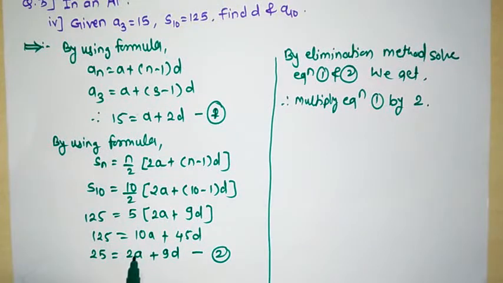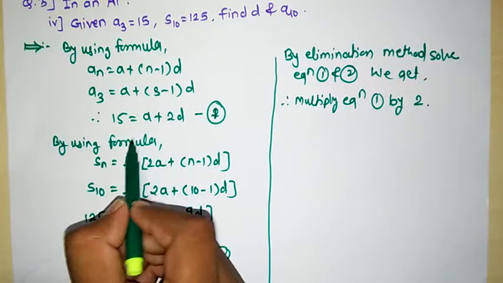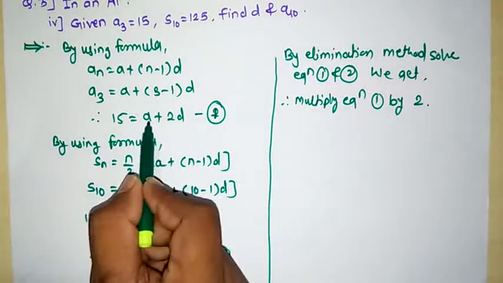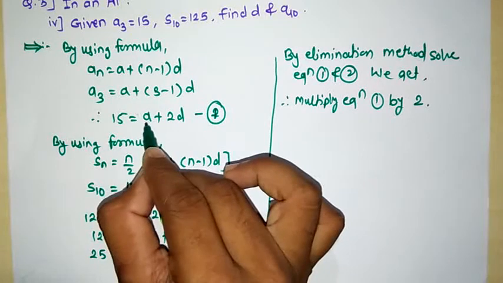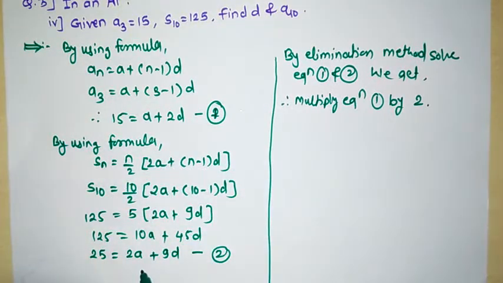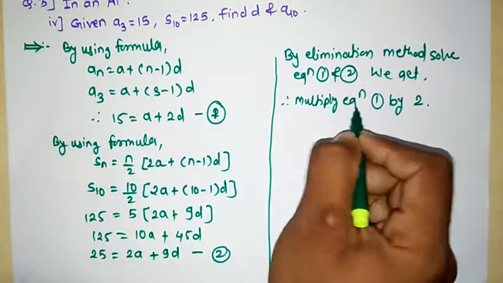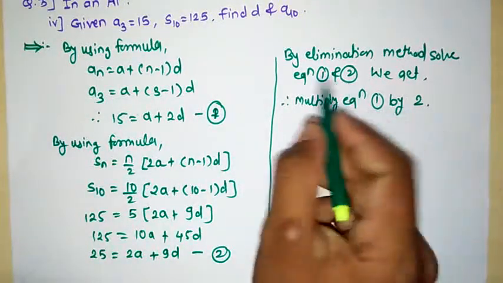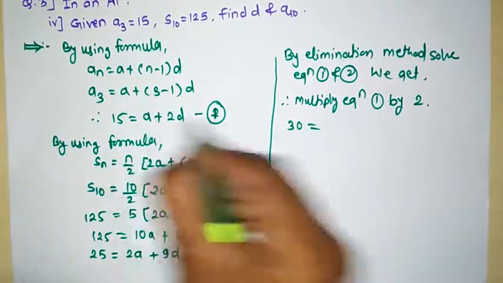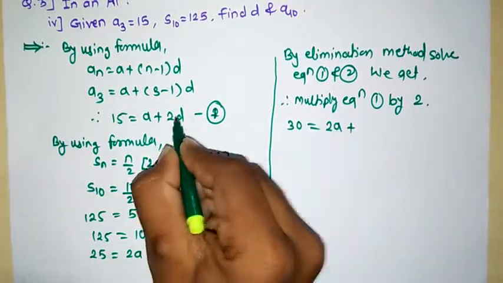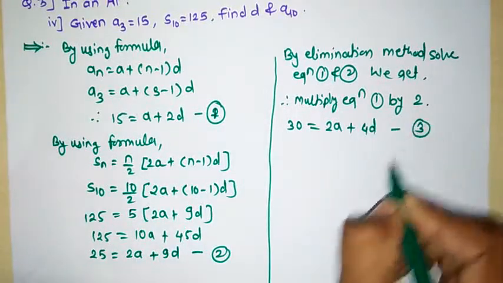Here we are making the coefficient of variable a the same. Therefore, we have to multiply equation 1 by 2. If we multiply equation 1 by 2, then the coefficient of a will become the same. It will become 2. In equation 2, the coefficient of a is also 2. Therefore, after multiplying equation 1 by 2, we will get 15 into 2, that is 30, is equal to 2 into a, which will become 2a, plus 2 into 2d, that is 4d. Mark it as equation number 3.